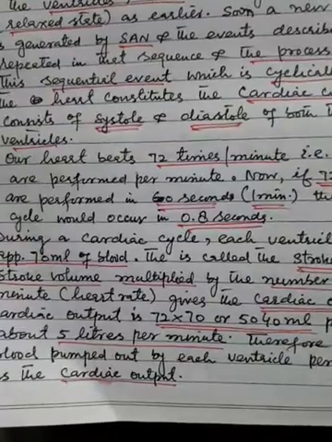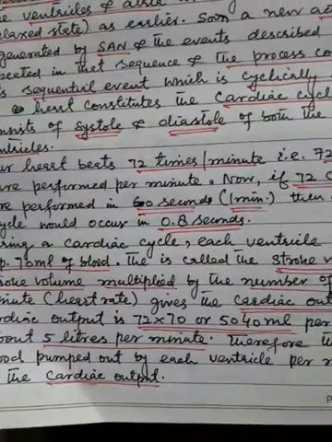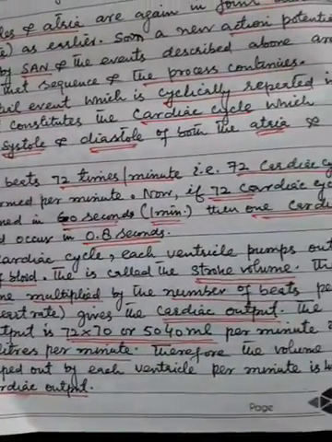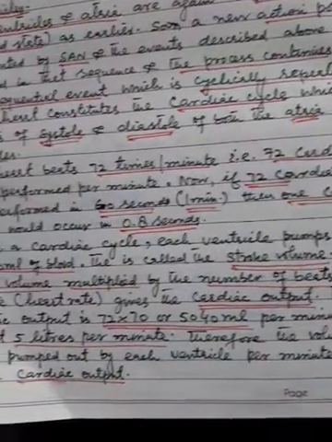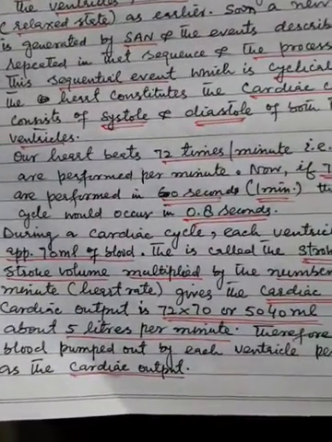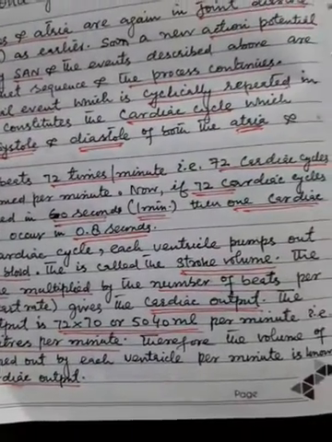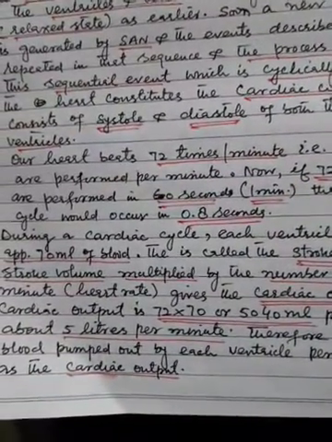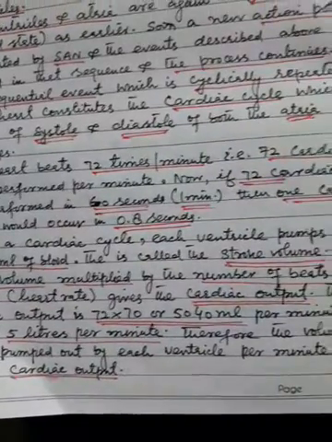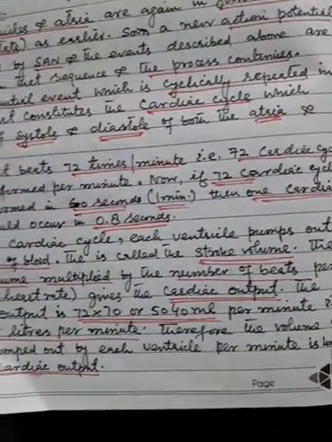During a cardiac cycle, each ventricle pumps out approximately 70 ml of blood. This is called the stroke volume. The stroke volume multiplied by the number of beats per minute, that is heart rate, gives the cardiac output.